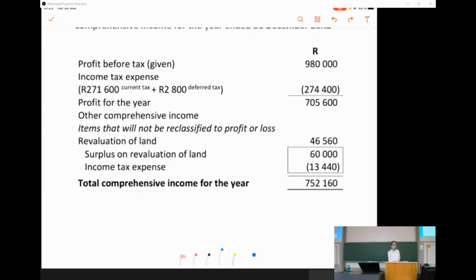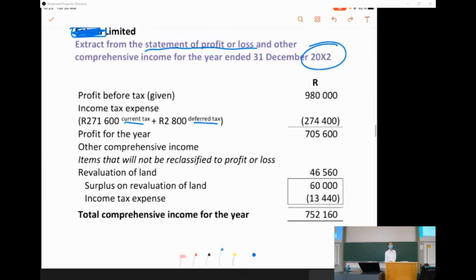So you'll see here, here's our income tax expense. So this was our current tax plus our deferred tax movement, and this is now for X2. So we're now looking at just the SPLOCI for X2. On that, quickly, another important point: when we have that note information at the bottom of the required, it is very important. So you know that according to IAS 1, we have to have two SPLOCIs, a 20X2 and a 20X1 SPLOCI.